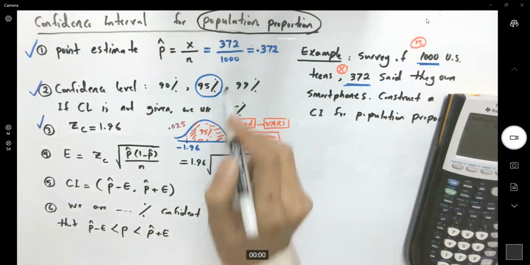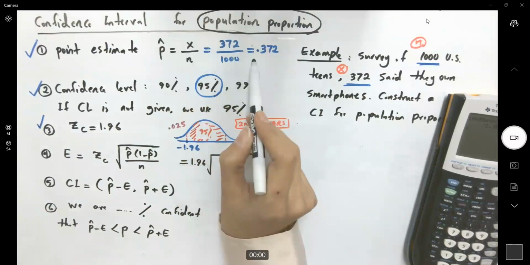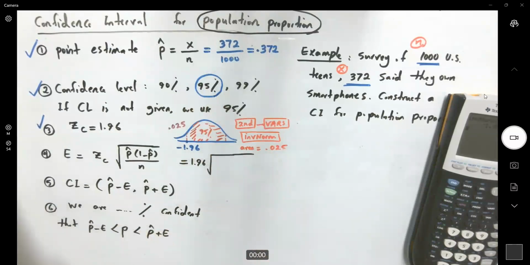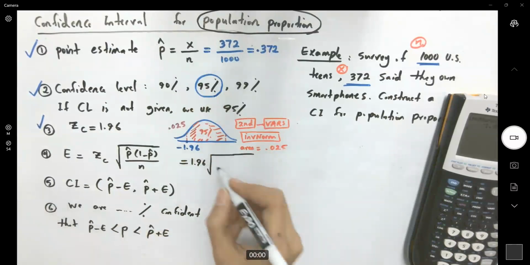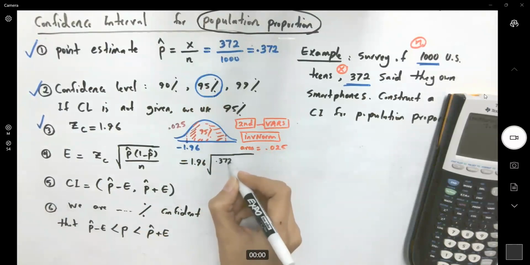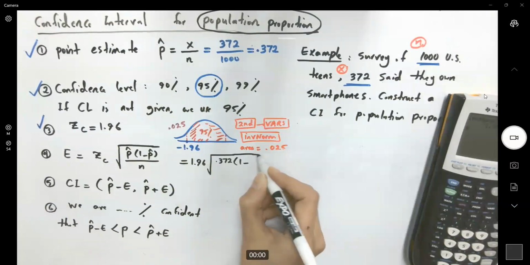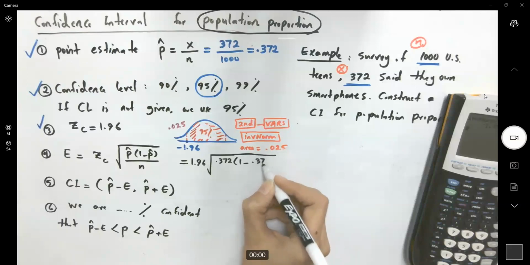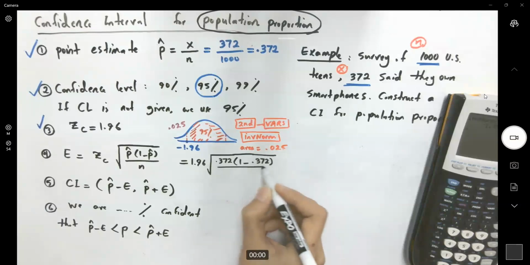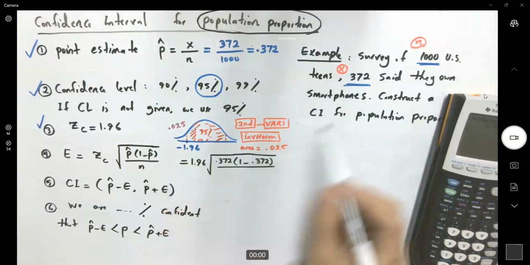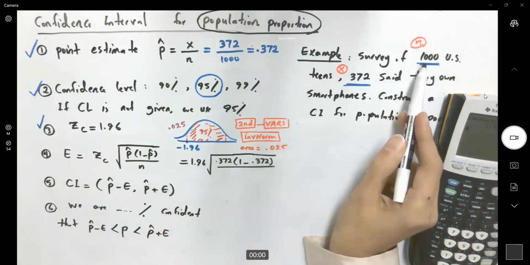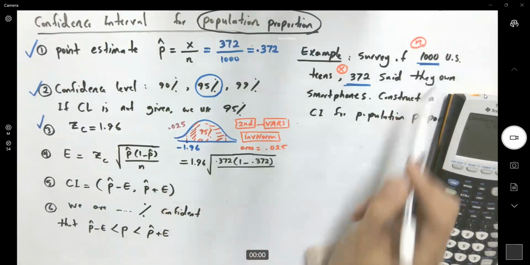What is P hat? We already calculated P hat, which is 0.372, times 1 minus 0.372, divided by n. Remember that our n is our sample size, which is 1,000.